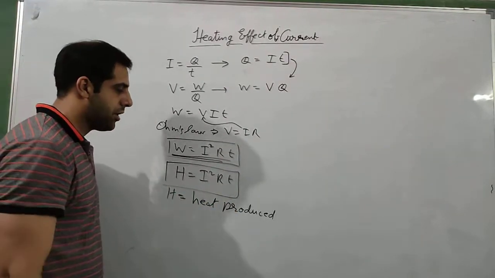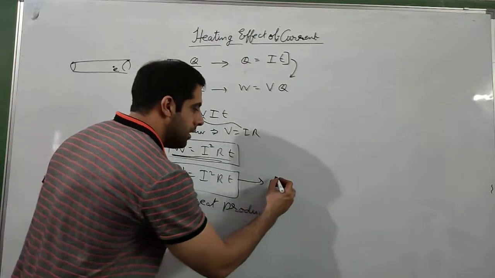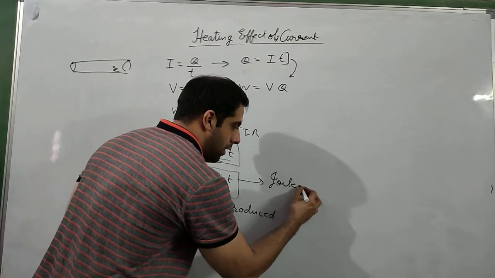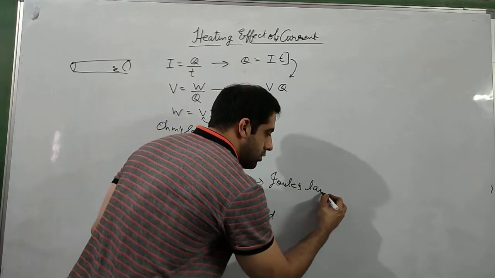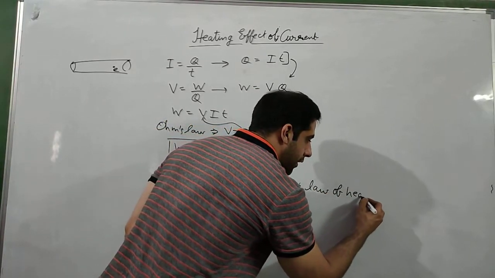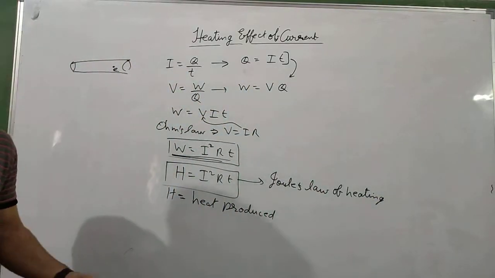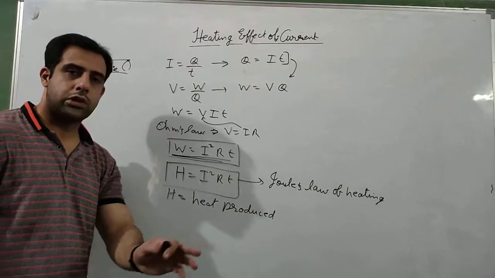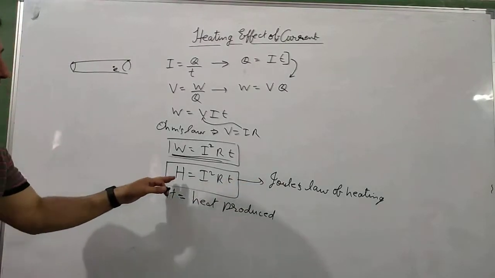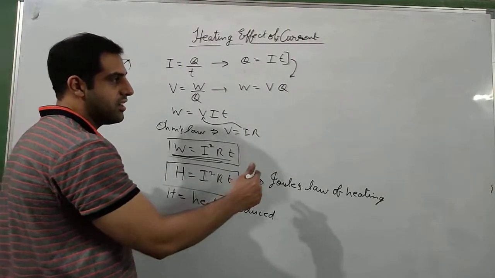Okay, so this is the heat produced, and this particular formula is called Joule's law of heating. Remember this. This question comes almost every year in boards. What is Joule's law of heating? H equals I square RT. And what does this state?